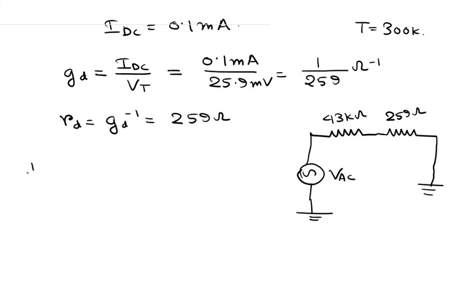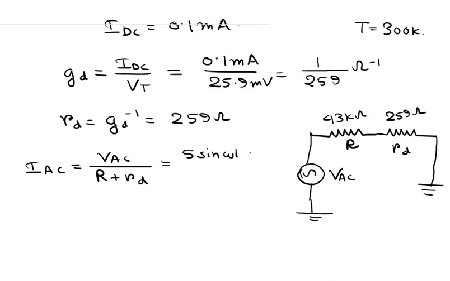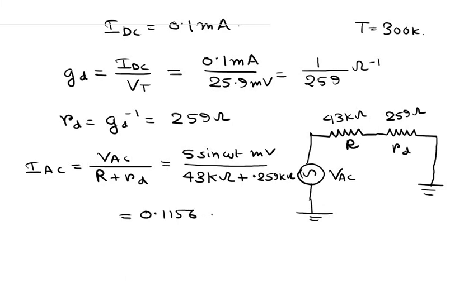So IAC, the AC component of the current, is basically VAC divided by R plus RD, where let us call the diode resistance RD and this resistor R. This is equal to 5 sine omega t millivolts divided by 43 kilo ohm plus 0.259 kilo ohm, and this is basically equal to 0.1156 sine omega t microampere.